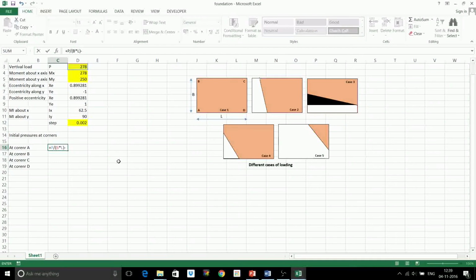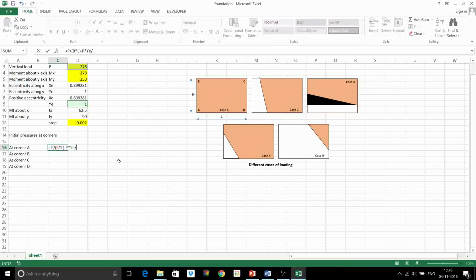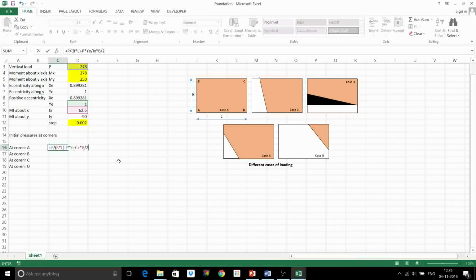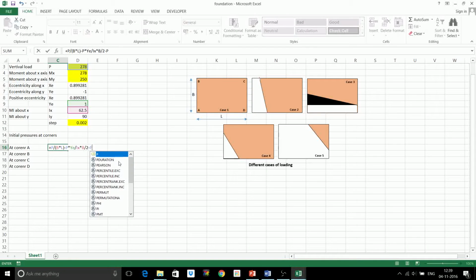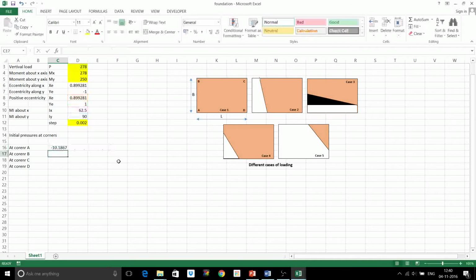So P into YE divided by IX into B by 2 minus P into XE minus IY into L by 2. I will copy same formula for all, and I will change the sign with respect to coordinates.